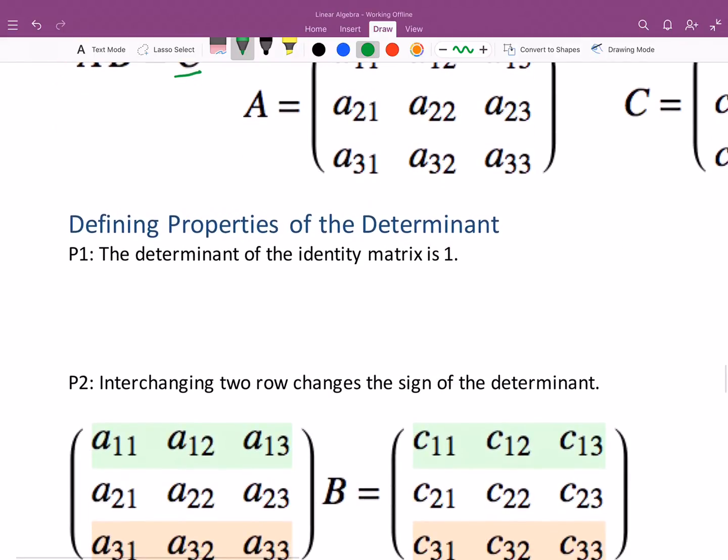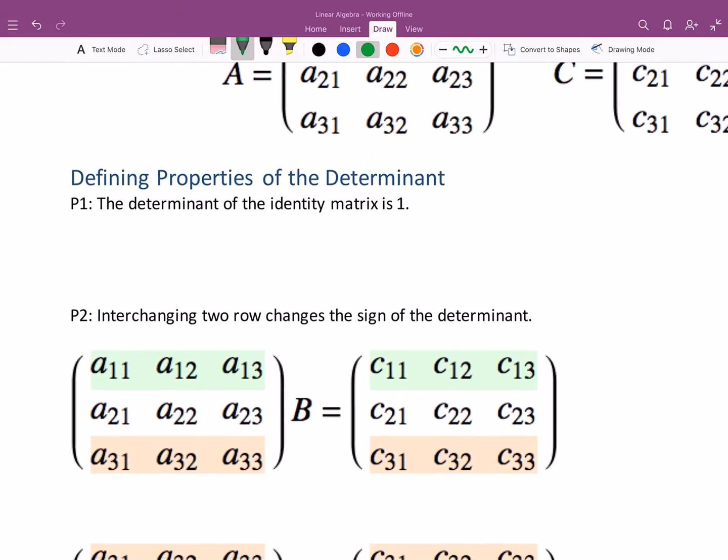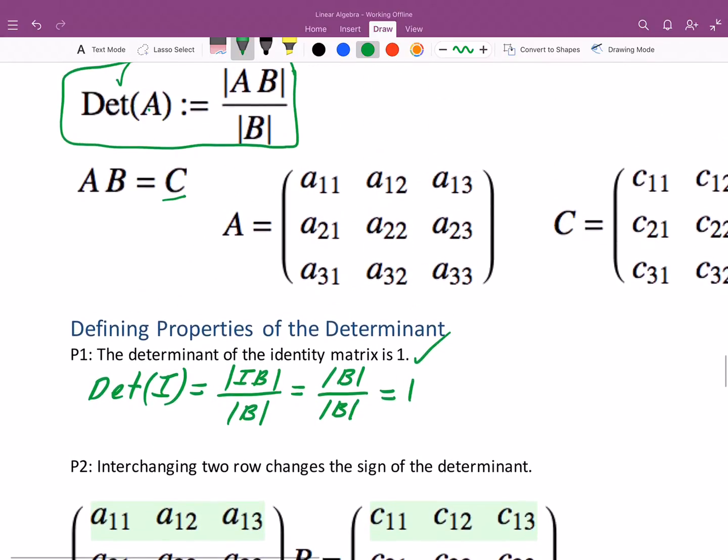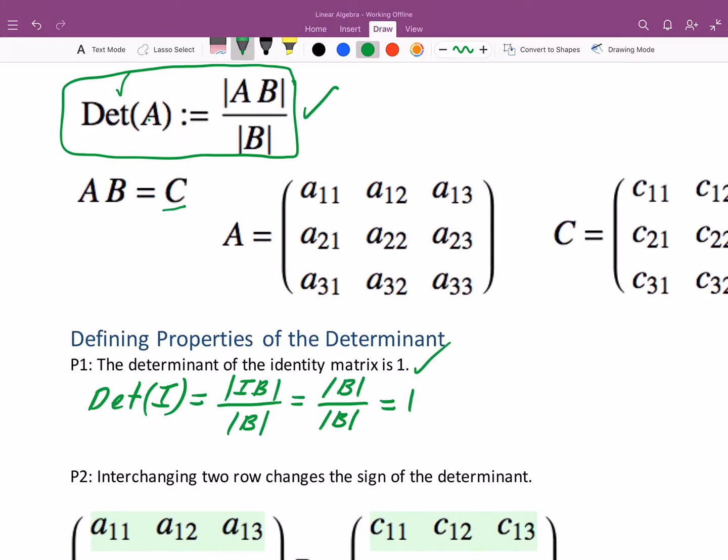According to that formula, the determinant of the identity is the determinant of identity times B over the determinant of B. Identity times any matrix is that matrix itself, and so this is of course equal to 1. So this property is satisfied by this new definition of determinant.